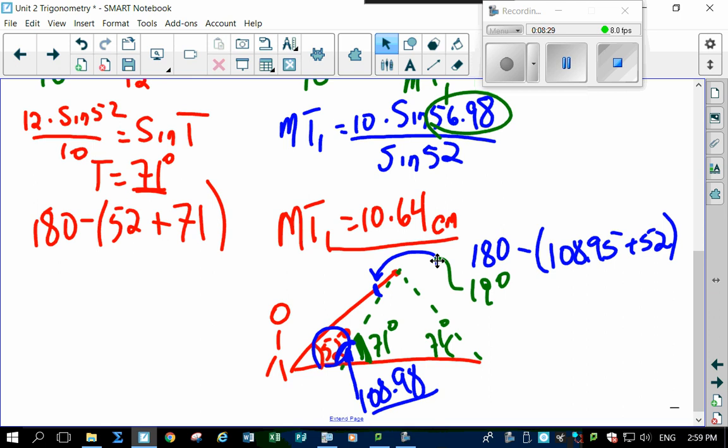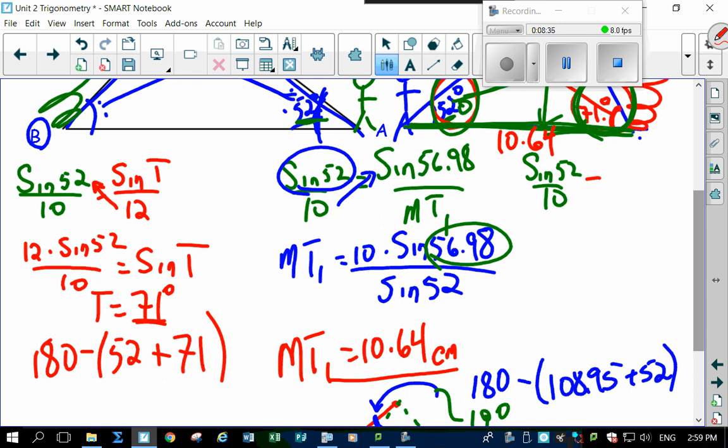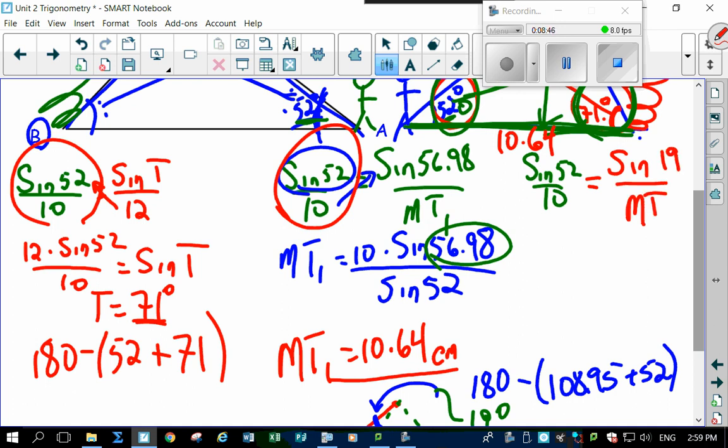Now, here we go. Ready? Back we go to the third one, right here. Remember how we wrote it out once, twice? Here's the third one. Sine of 19 degrees over that new distance, which is MT2. So 10 times the sine of 19 divided by sine 52.